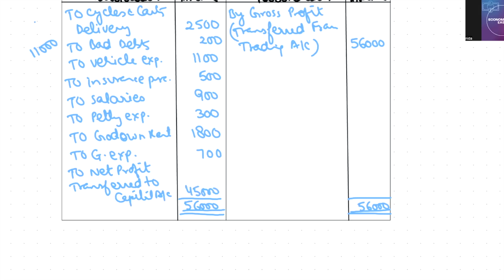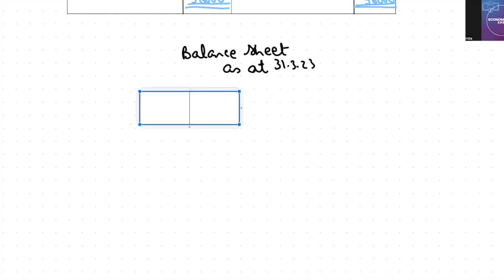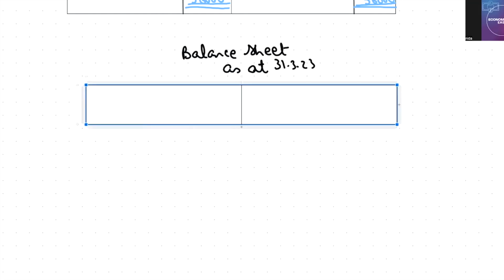Now we're going to make a balance sheet quickly. Balance sheet as at 31st 3 23, right? Now table again. Liabilities and assets, amount rupees, okay? Just try to do this quickly.